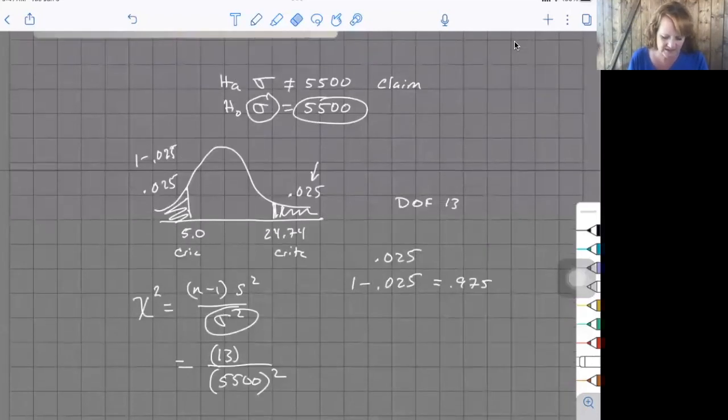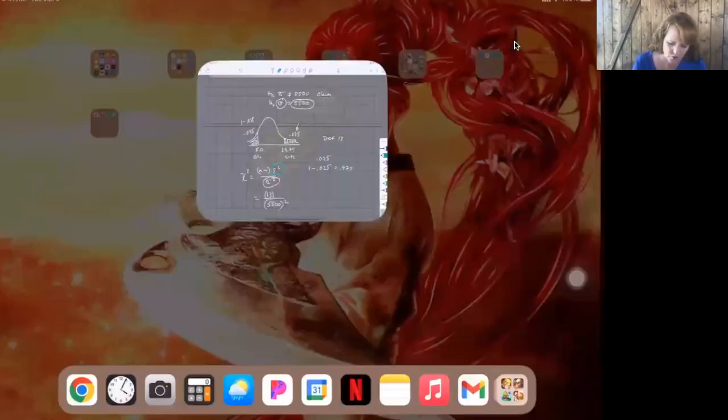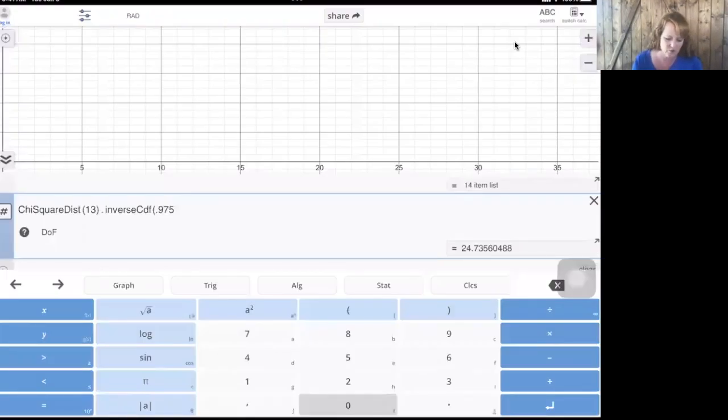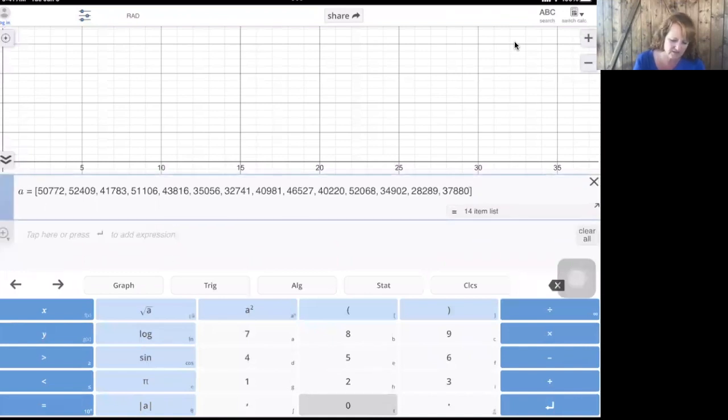And now I need my sample variance. Now, how do I do that? Way back, think back to chapter 2, when we just took raw data and we found all of the measures of spread and center. Okay, how did we do that? We went into our calculator, we entered a list, which you see I've done here. Here's my list A with all of my data points in.